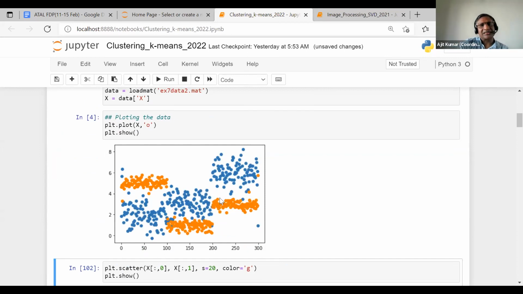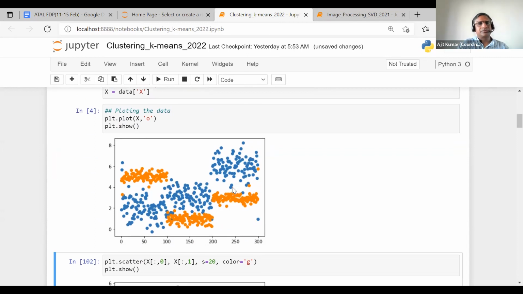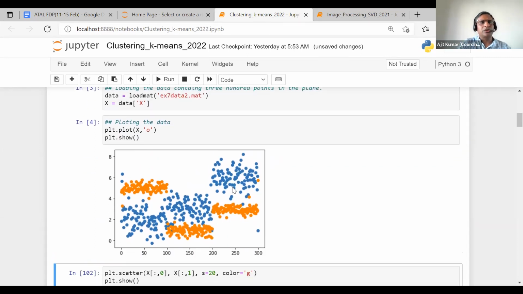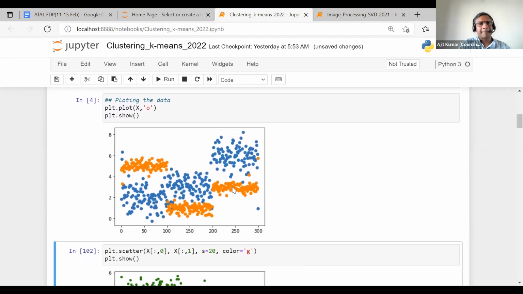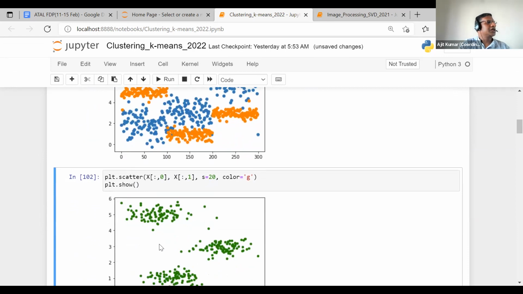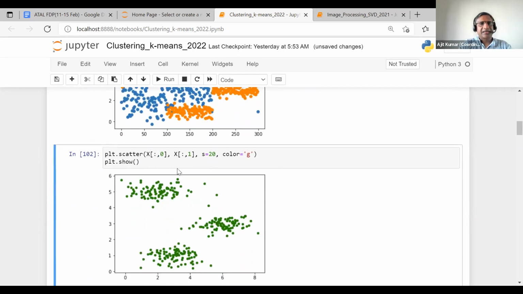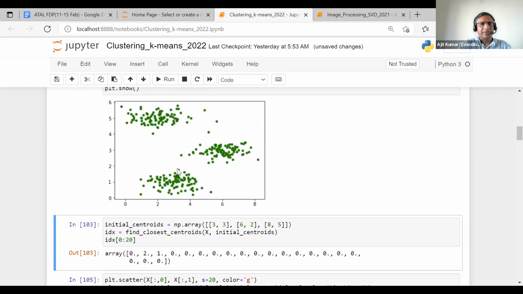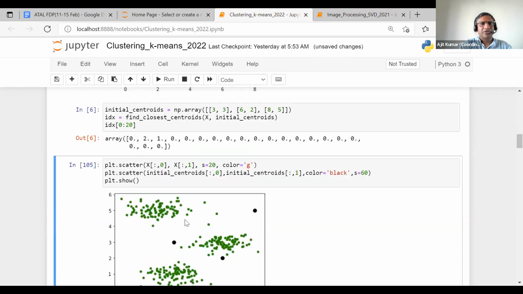Let us say we want to cluster this into 3 segments. Classify this into 3 segments. So what we can do is start with some 3 points, arbitrary 3 points. So this is the plot, arbitrary 3 points.